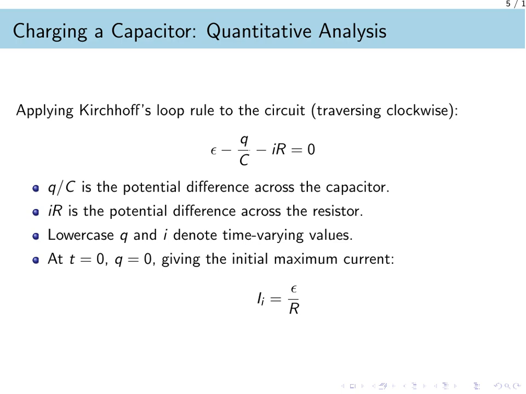Here, epsilon represents the battery's electromotive force, Q over C is the potential difference across the capacitor, and IR is the potential difference across the resistor. We use lowercase letters Q and I to emphasize that these values change over time. At the exact moment the switch is closed, the charge Q is 0, meaning the initial maximum current is simply the battery voltage divided by the resistance.